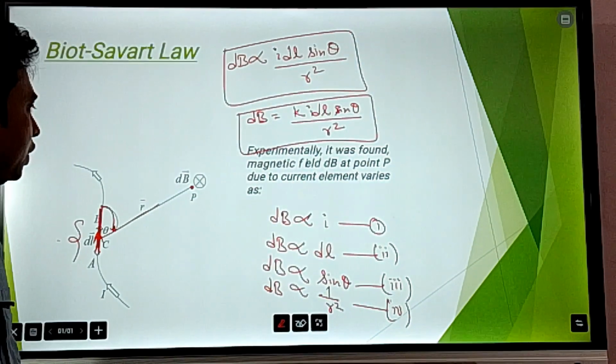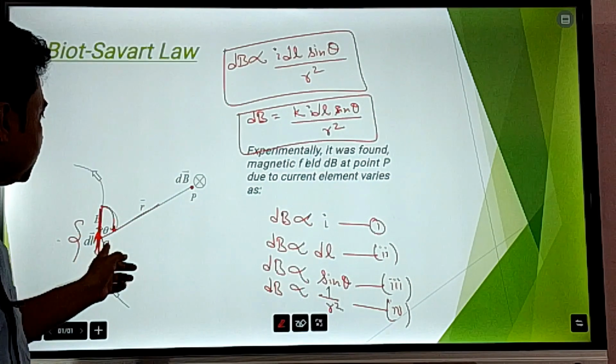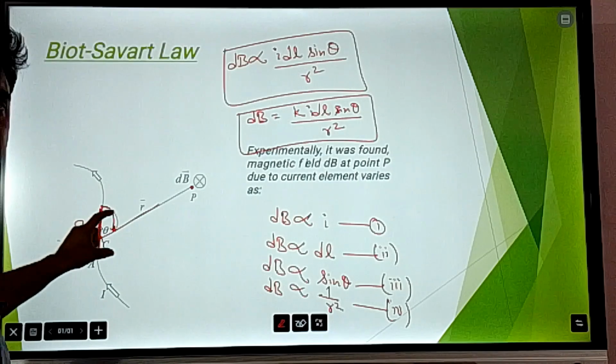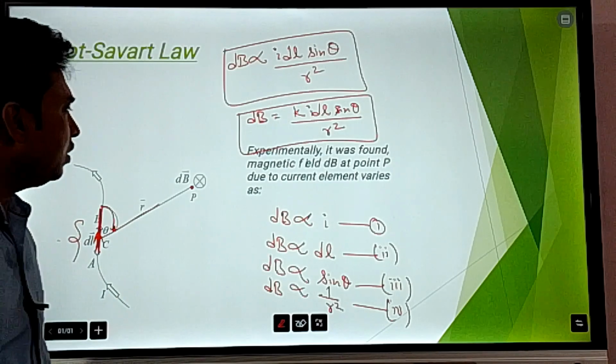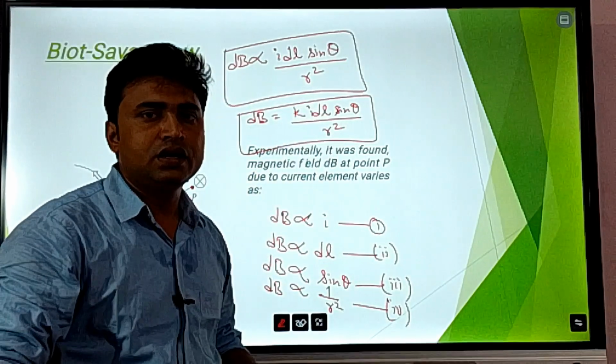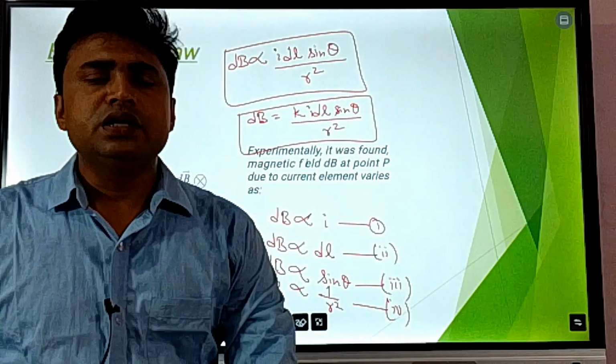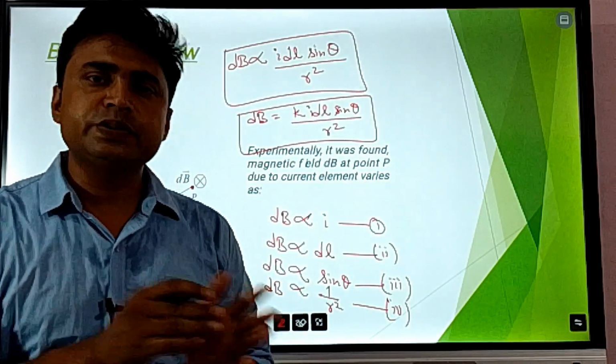It is used to find the magnetic field at point P, which is at a distance r from the current element dl. Now the question arises: what is the value of this proportionality constant K? The value of K depends upon the type of unit system we have selected.